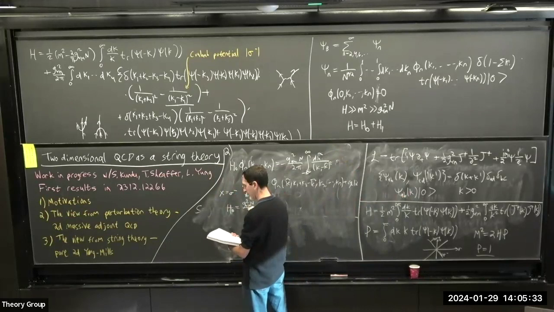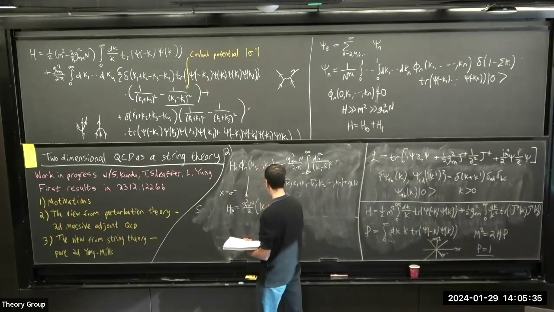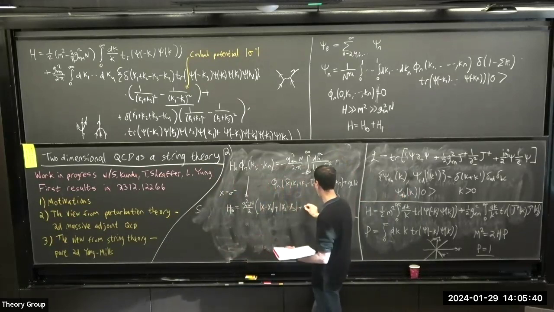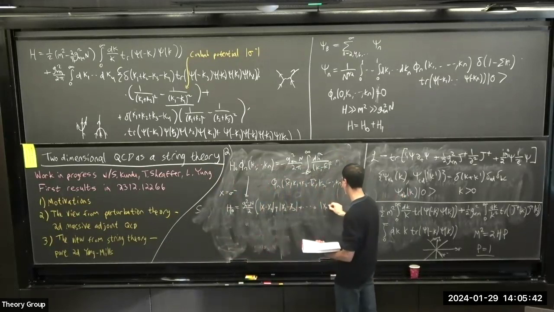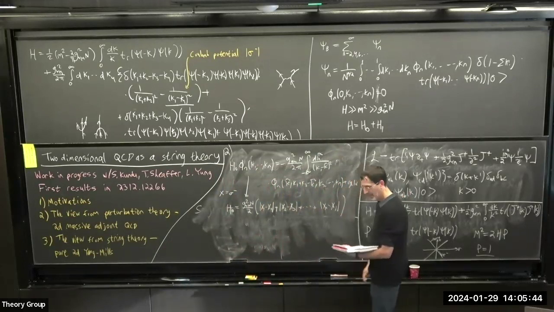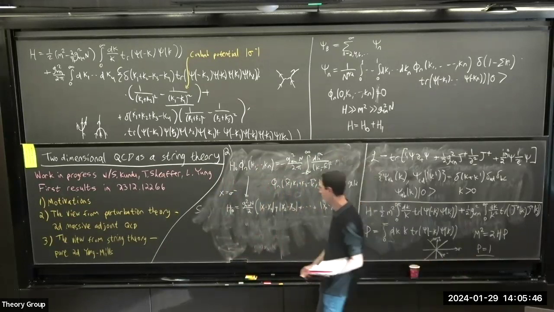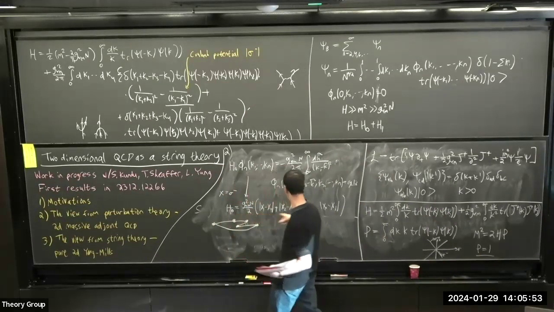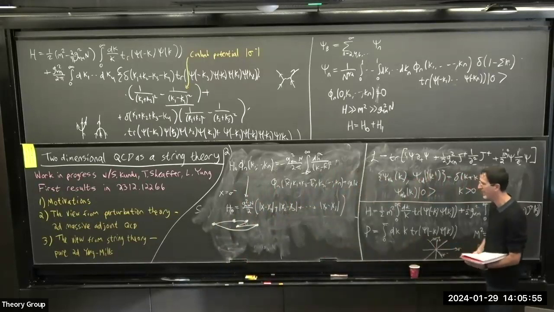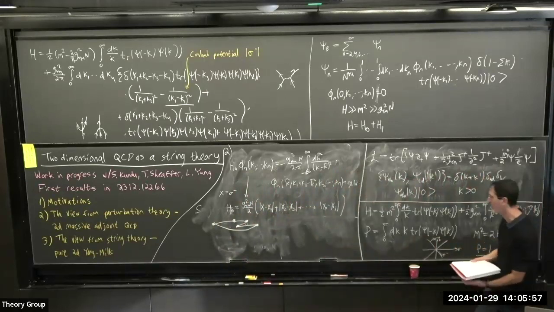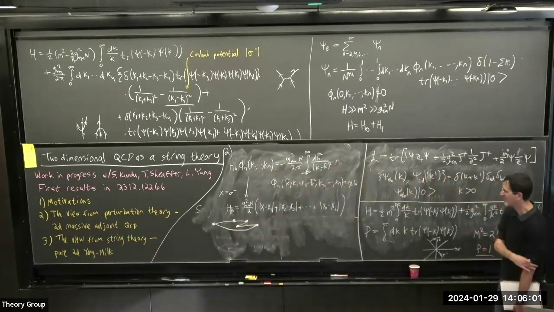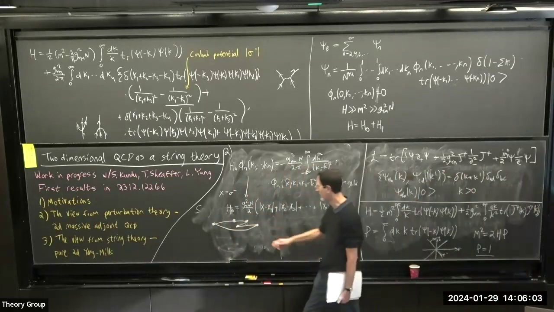So what we find in position space is that the Hamiltonian is just the sum of the distances between the positions of the different adjoint particles. The picture is that we have these adjoint particles located at different positions, and the interaction just comes from the sum of the energies of the strings stretched between them. So in that sense, this is automatically a stringy type Hamiltonian, as we may have expected.